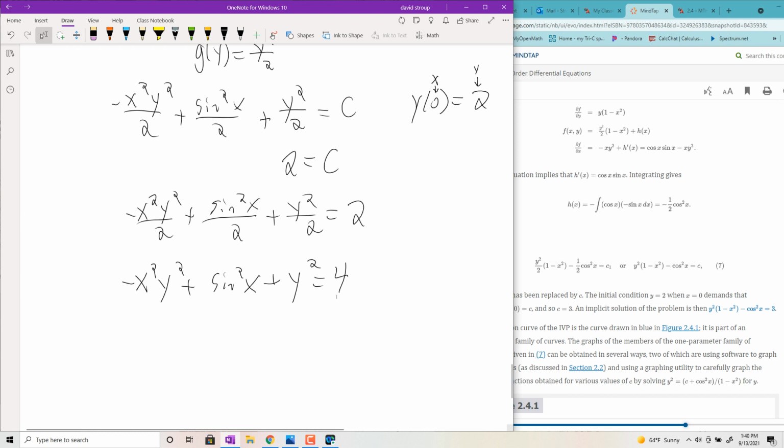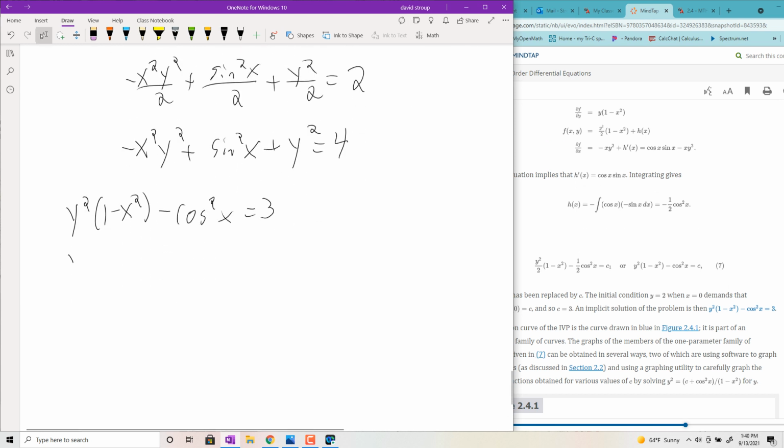They found c was 3, so their answer is y squared times 1 minus x squared minus cosine squared x is equal to 3 somehow. So their answer is y squared minus x squared y squared minus cosine squared x is 3. So how is that my answer? And I claim it is.